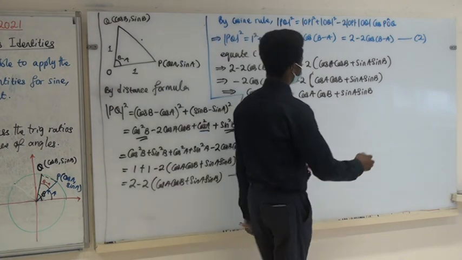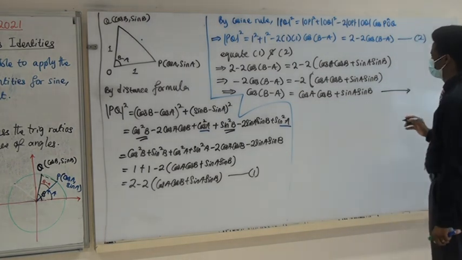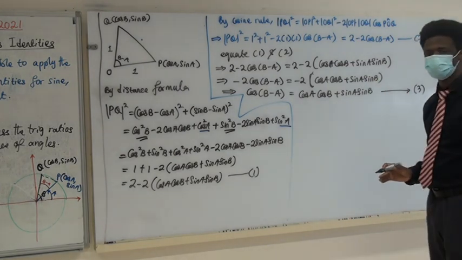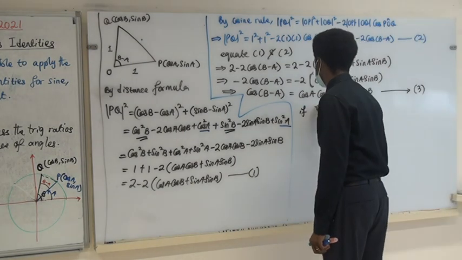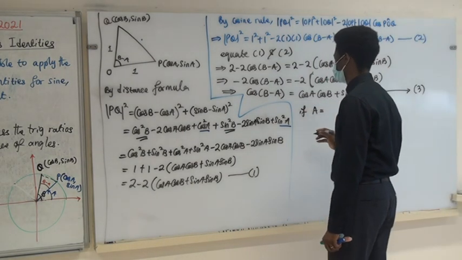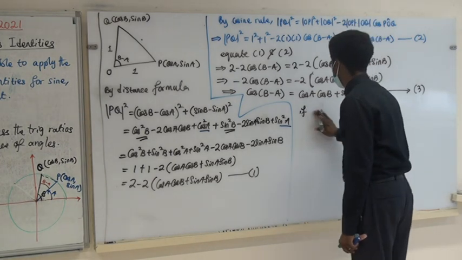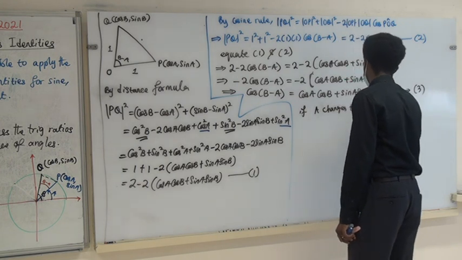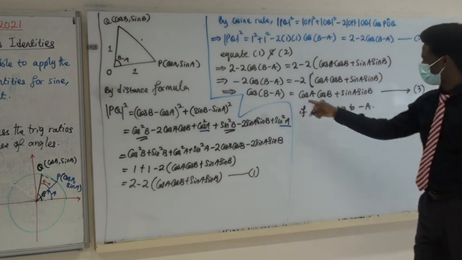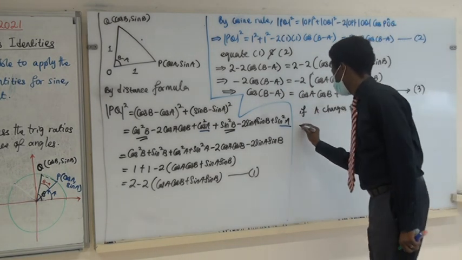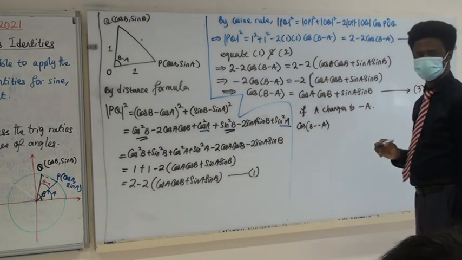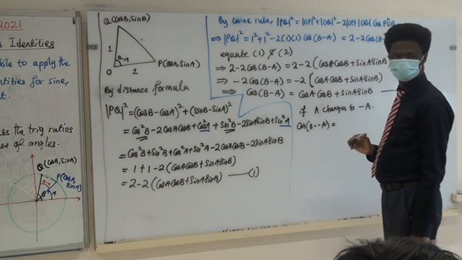Okay. So let's call this equation 3. Then we write the summary later. So we have one of the compound angle formulas. The rest will be generated from here. If we change A to negative, if A becomes minus A, so we're going to have cos B minus minus A. So visually put minus A in the fourth quadrant.